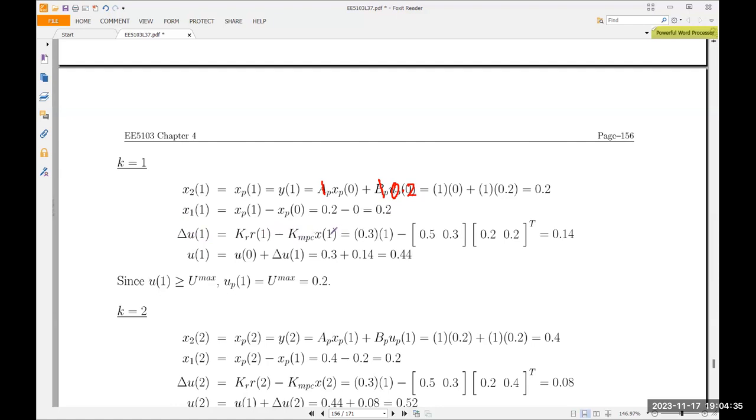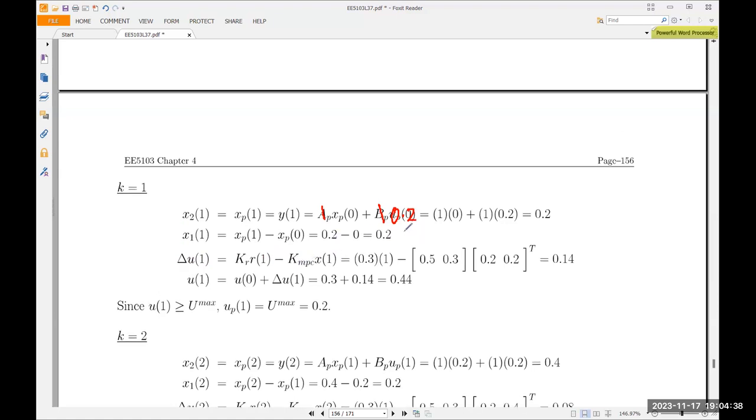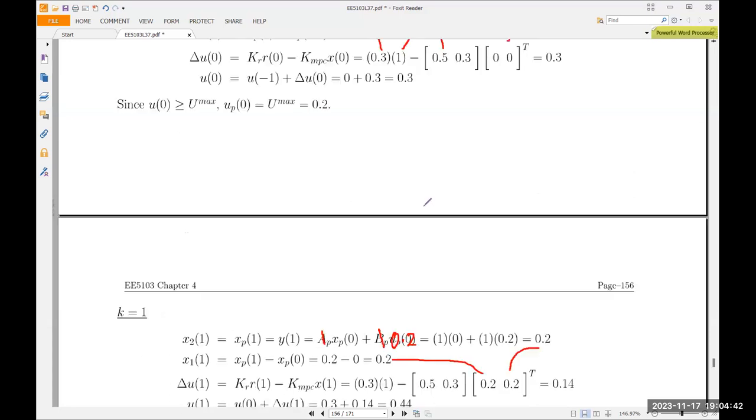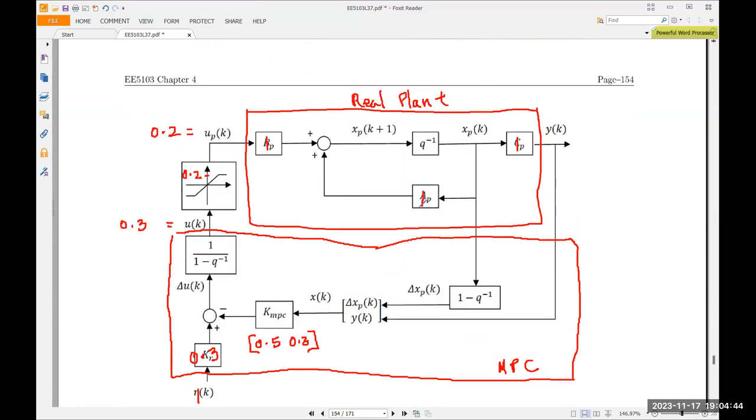What is X1? X1 is 0.2, 0.2. You see, over here, the X1 that comes from the plant is 0.2, 0.2. All right? Because 0.2 goes through this calculation, what comes out here is 0.2, 0.2.